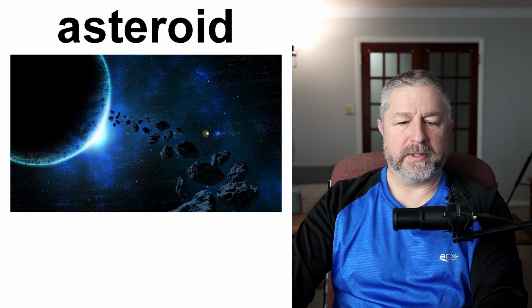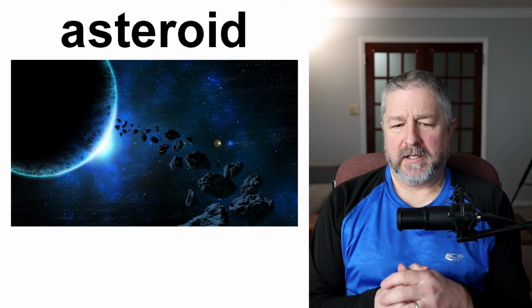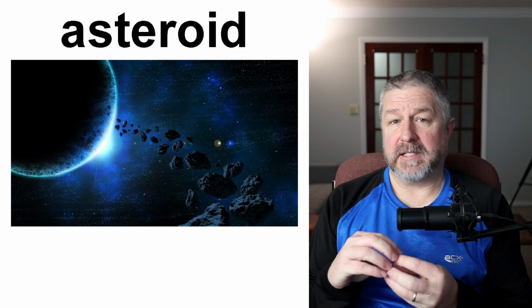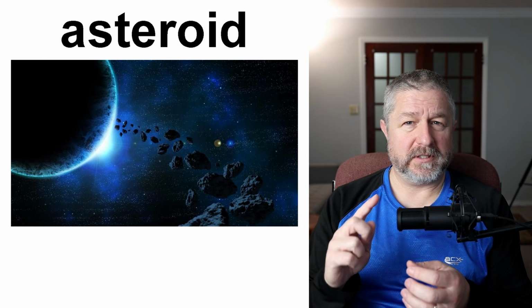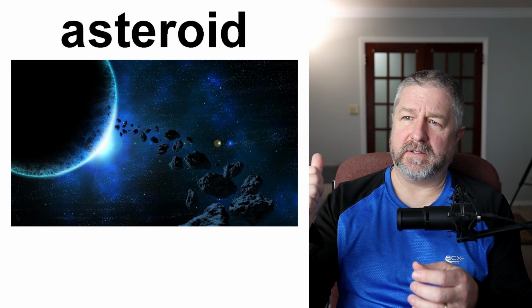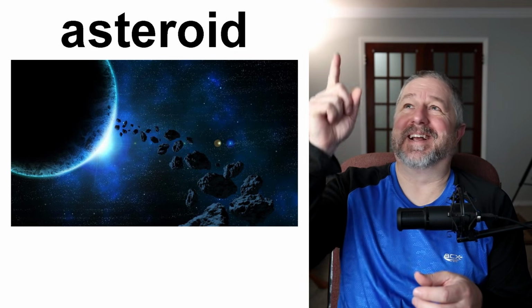An asteroid is not a planet. It's much smaller than a planet. It's usually just a bunch of rock or ice or metal. It does orbit the sun. So we do have an asteroid belt in our solar system. I think it's out by Saturn or something like that, or somewhere out that way. I don't actually know if it's that way. That way.